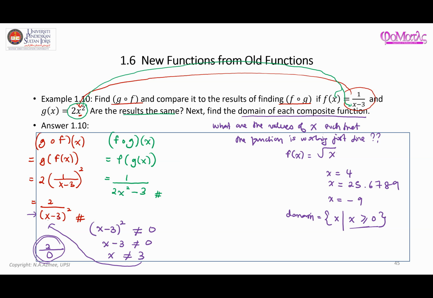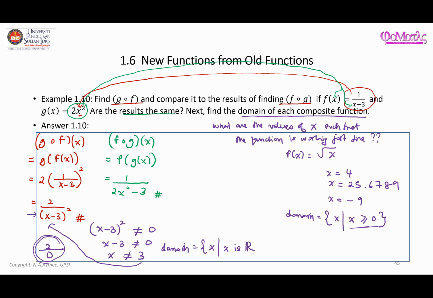So now we have identified one particular value which makes it problematic for the function, but the rest of the values should be fine. So we can write that the domain in this case is equal to x, where x is all real numbers.